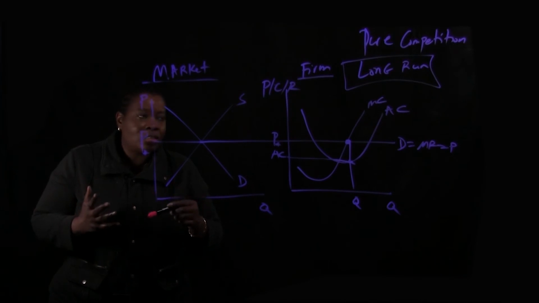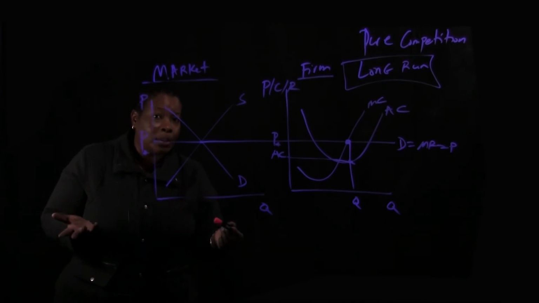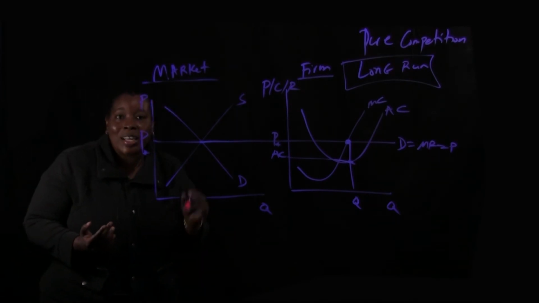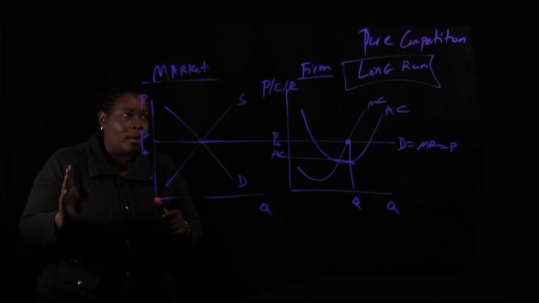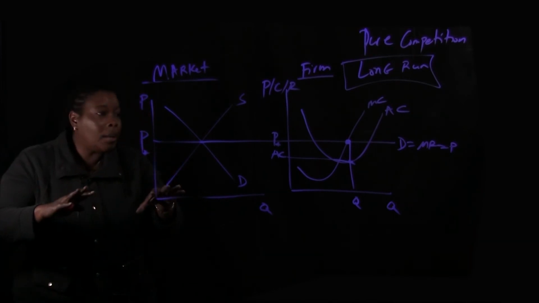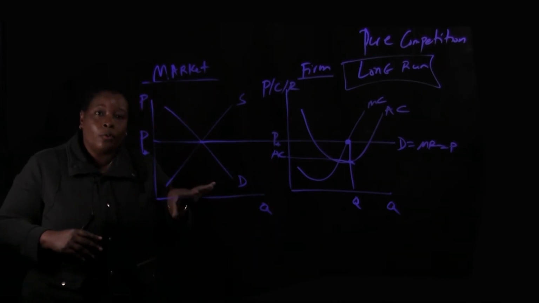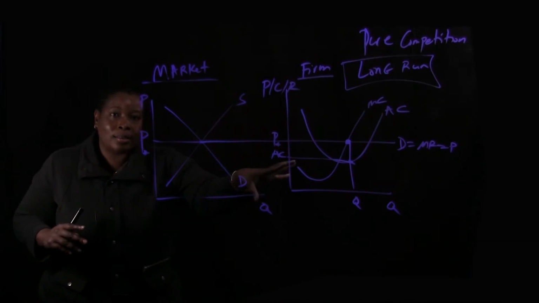Now, if we live in a system where one firm is making profits and other people can see it, what do you think is going to happen? They're going to want to get in on it. It's almost like that friend trying to convince you to buy Bitcoin. Okay? Don't, by the way. But let's pretend. Purely competitive firm making profits is going to attract new firms. People are going to go, oh, wow, they're making money. I want to get in on that.